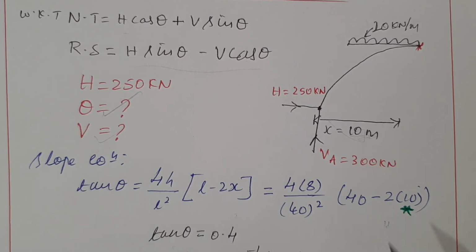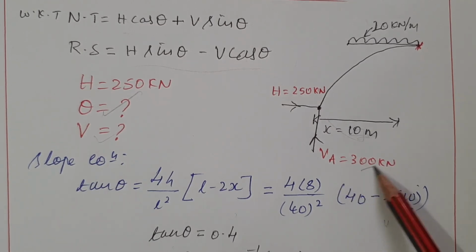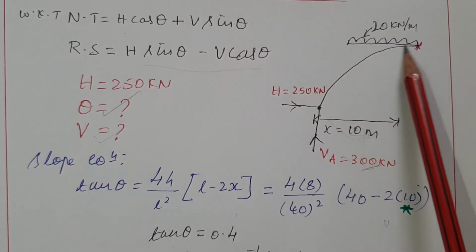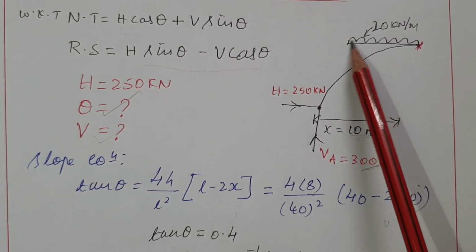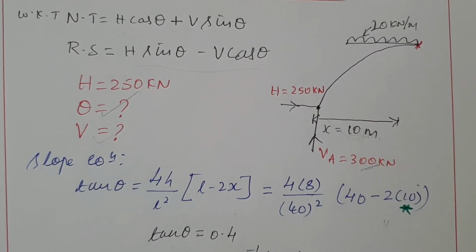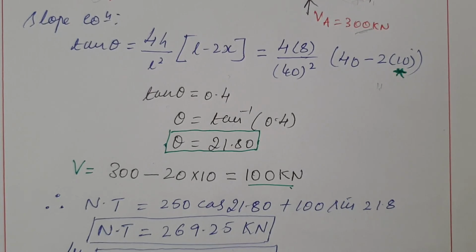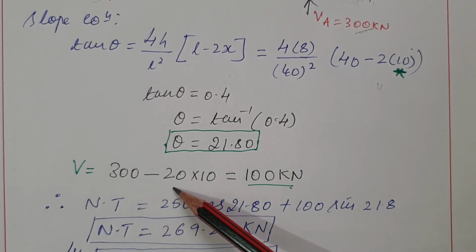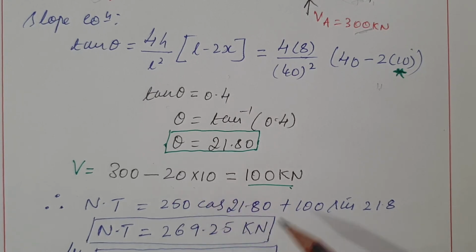Here the vertical force VA moving upwards is positive 300, and another vertical force, the UDL, acts downwards, negative, with magnitude 20 over a distance of 10. That is what I considered here: 300 upwards, minus 20 into 10, so V value is 100 kilonewton.